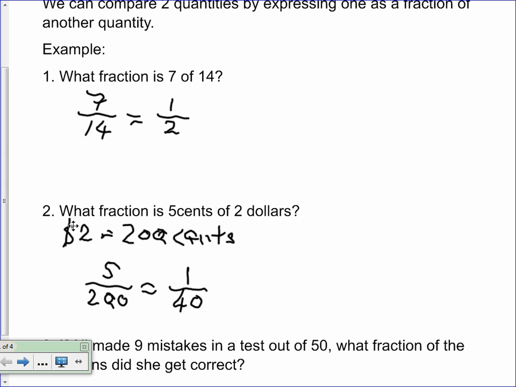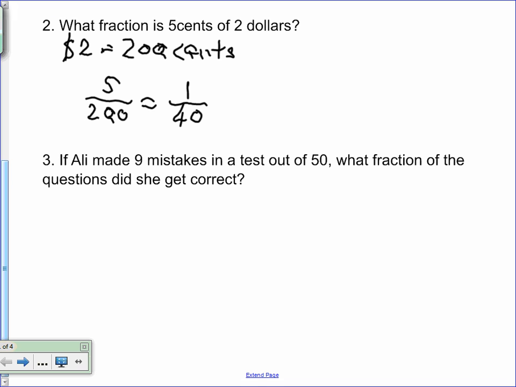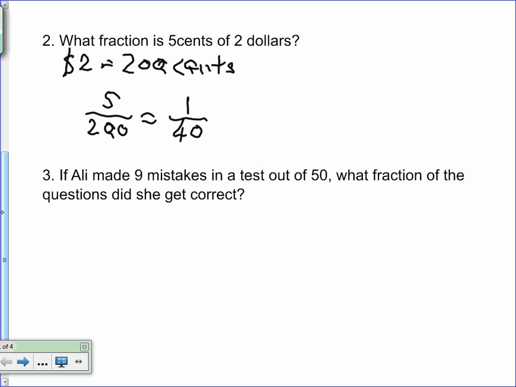Last one. If Ali made 9 mistakes in a test out of 50, what fraction of the questions did she get correct? How many questions did she get correct, Alex? 41. How did you get 41?